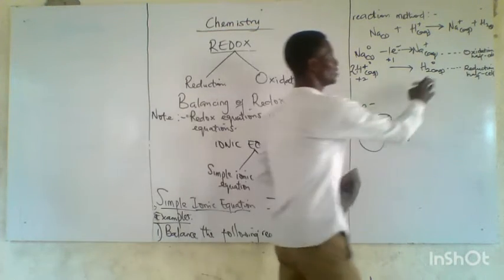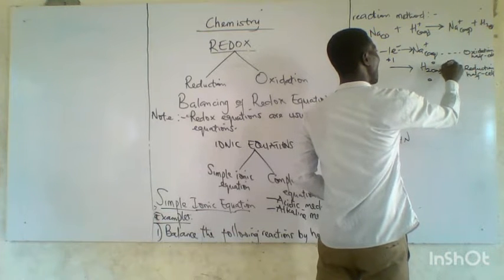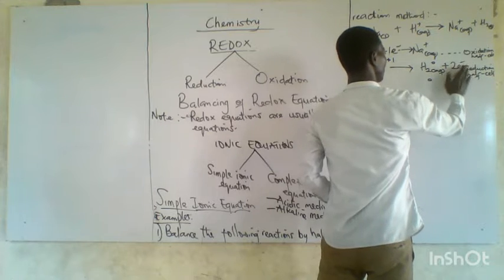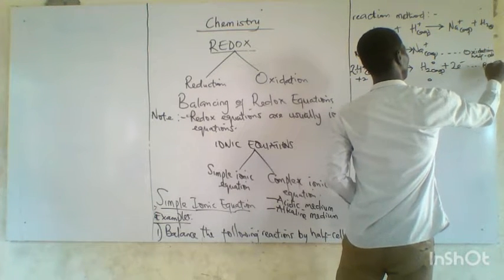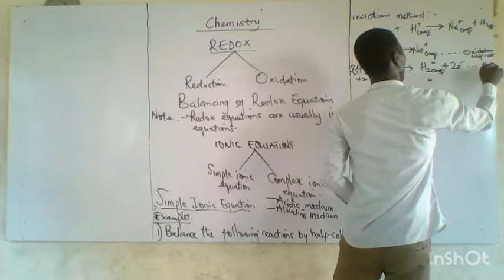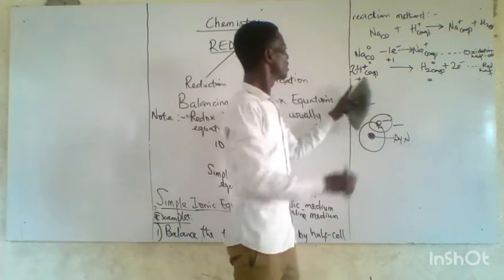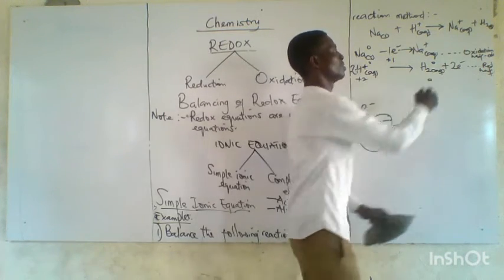So what would I do? I would try as much as possible to add 2 electrons. Now, this one is plus 2. This one is what?